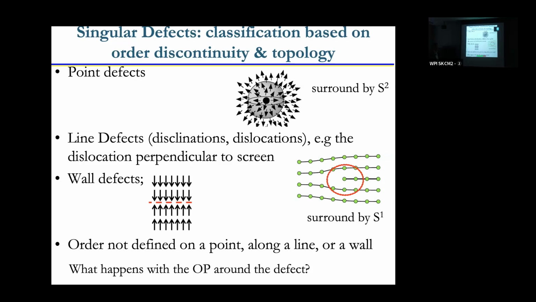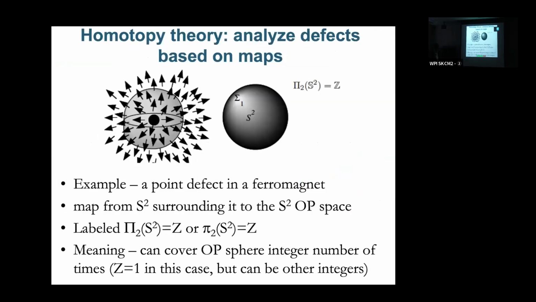Or you could have a disclination, when it's just a defect in orientational fields, such as a unit director field. And then for the case of walls, like in here, which is formed in this Ising paramagnet, you can characterize it by effectively surrounding it by an S0 spherical surface.